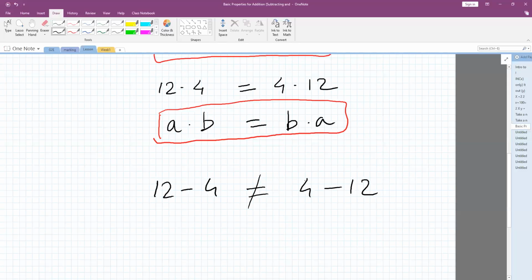Well, actually, we still can use the commutative law, but in this case you need to know what to do. So look at this, this is very important. When you have subtraction here, actually what happens is it's like you have addition with a negative number.